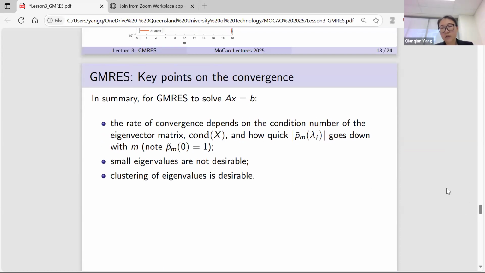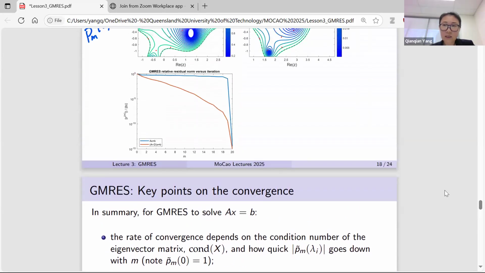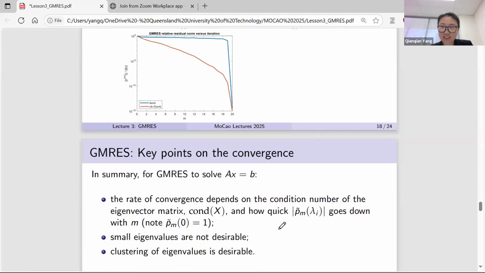So the convergence is really problem specific. It really depends on what our matrix A looks like. You might think, okay, all these properties are good to know, but for my problem A, I want to solve AX equals B, and I can't just shift my A with I or 2I.